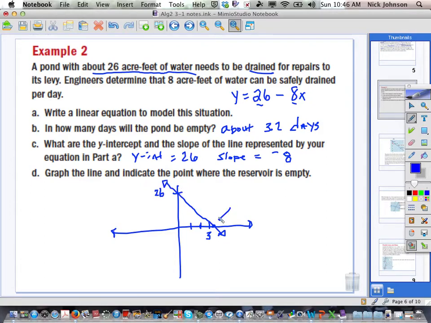And this point right here is where the reservoir is empty. When y is 0, that's when the reservoir is empty.